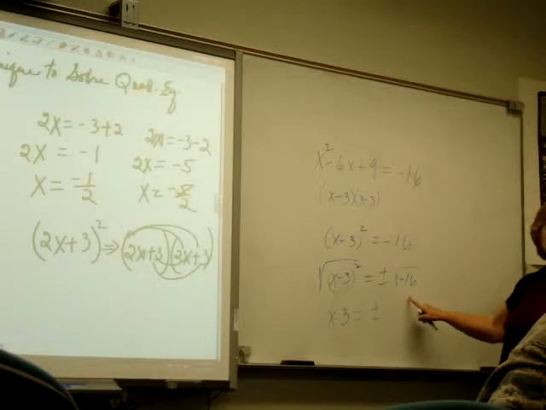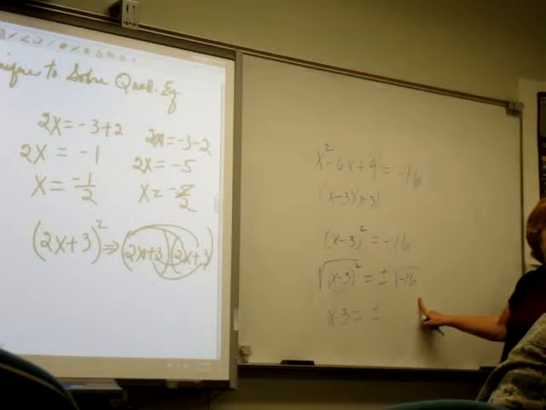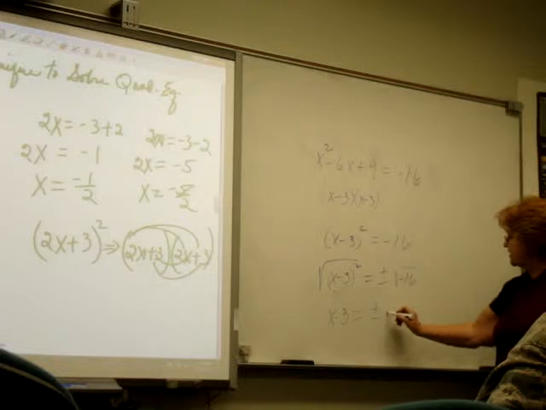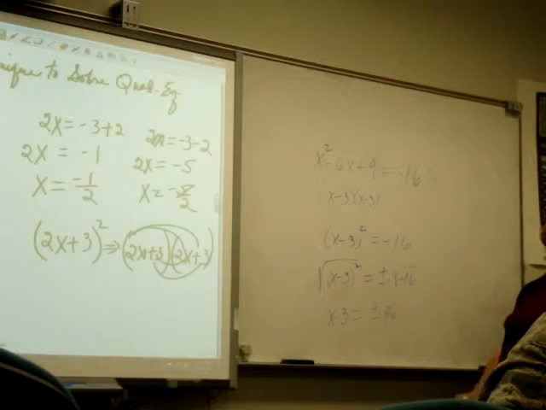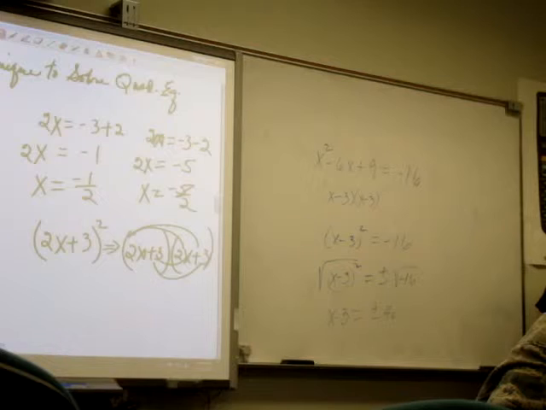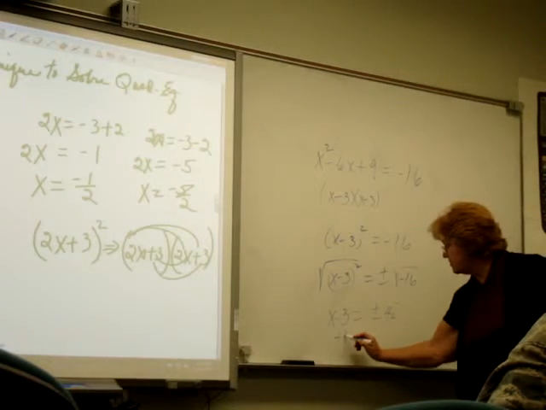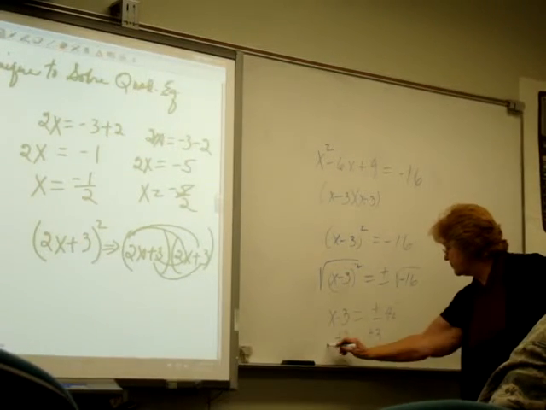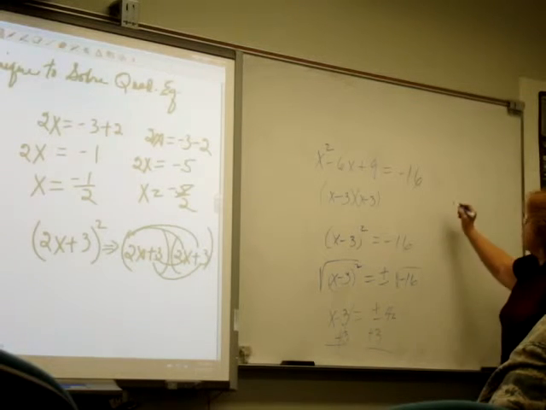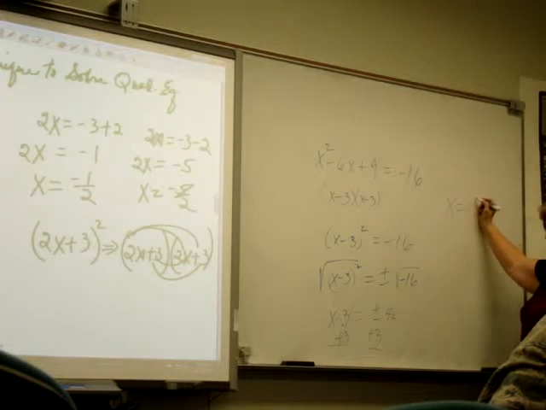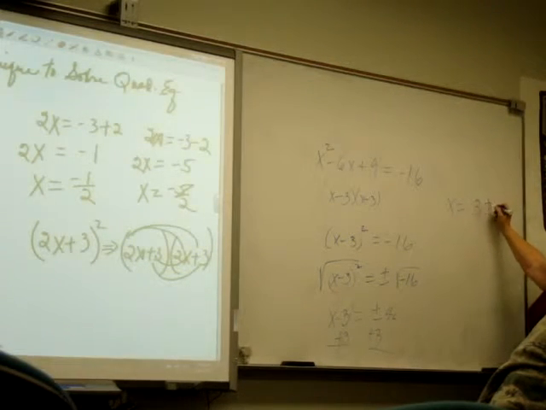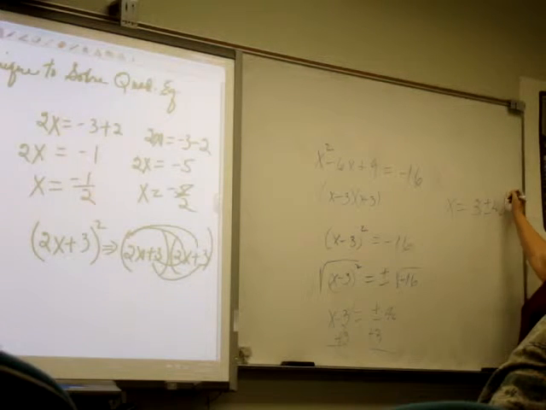The i comes out, and then you got the square root of 16. What is that? 4. So we end up with plus or minus 4i. Add the 3 to both sides. You're going to get x is equal to real number part first, 3, plus or minus imaginary part.